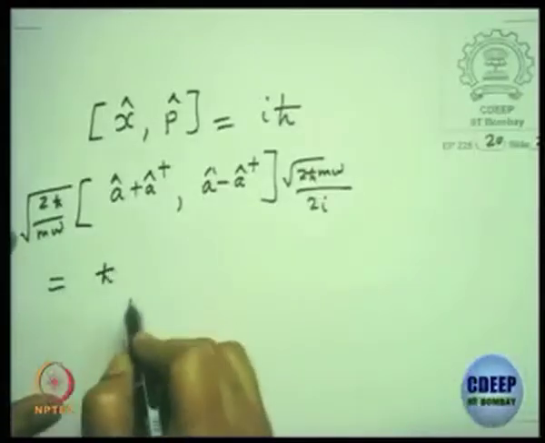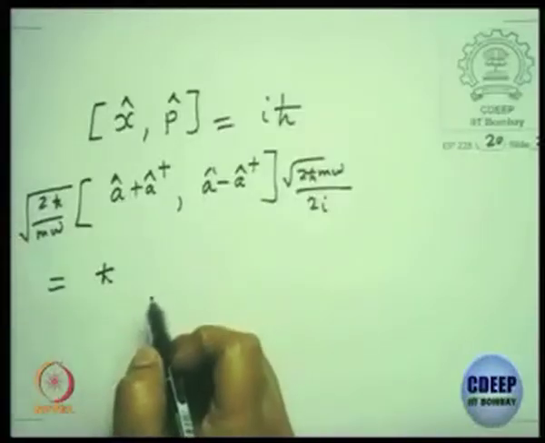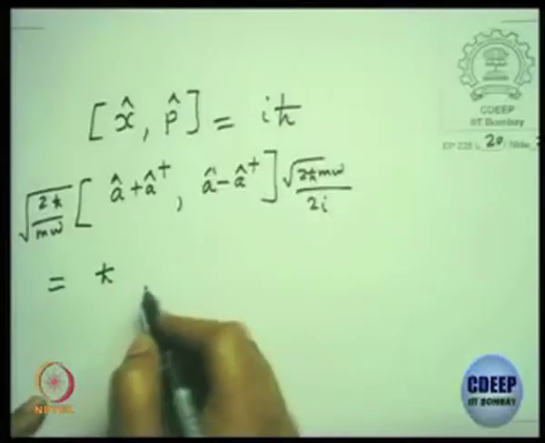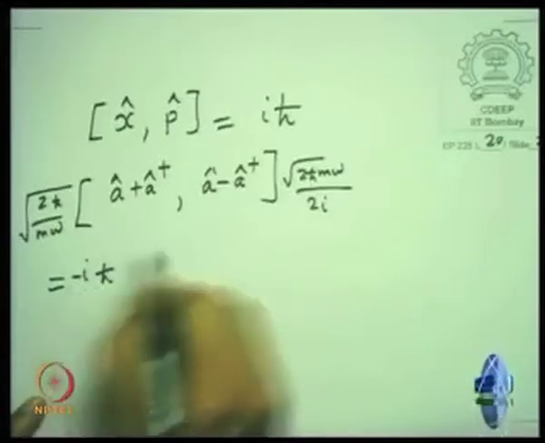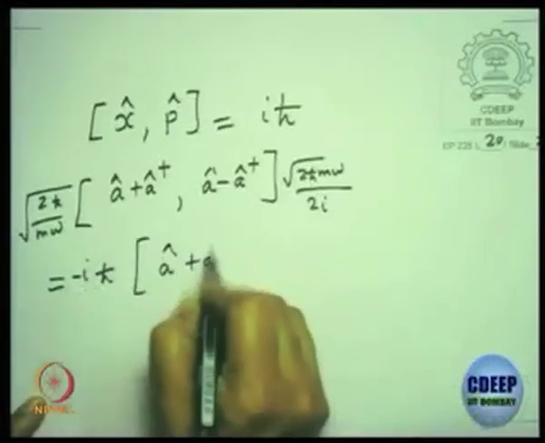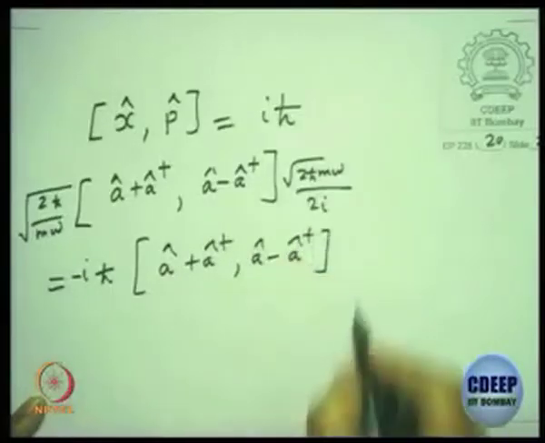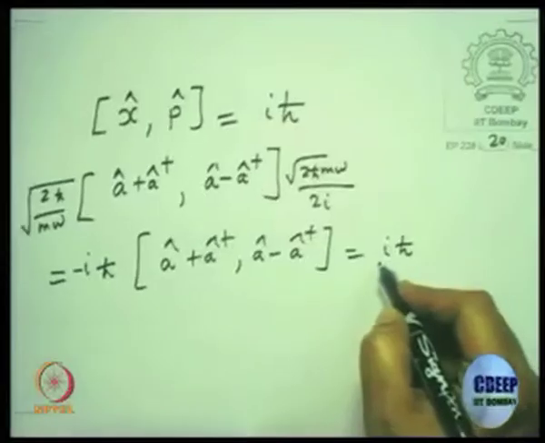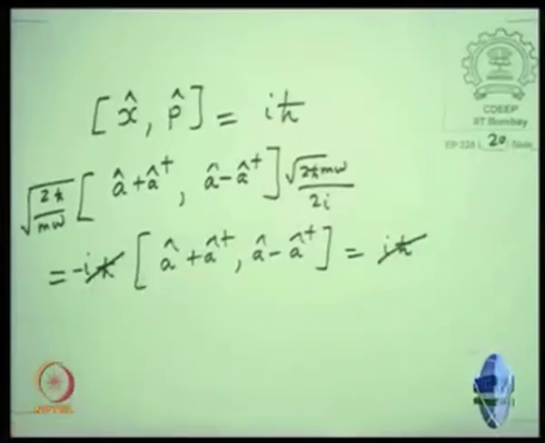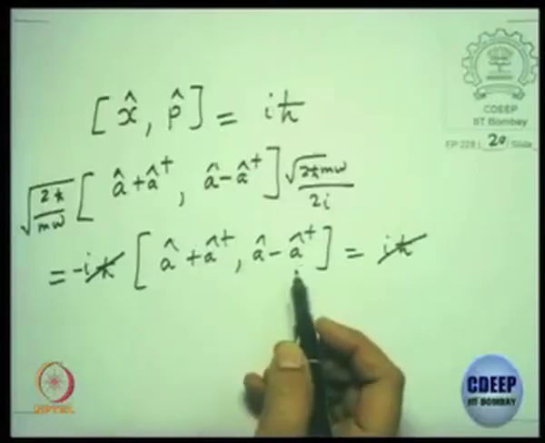It becomes H cross, M omega cancels, minus I H cross, I H cross. A with A is 0, A dagger with A dagger is 0.